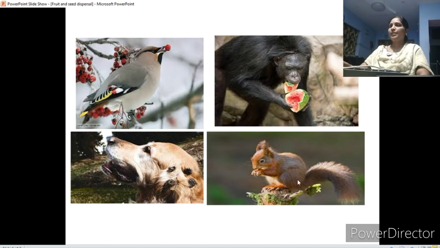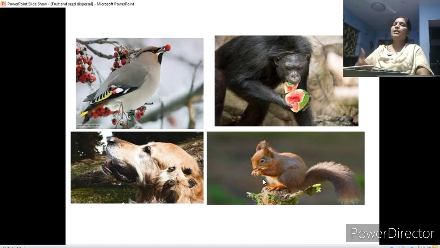And another animal, the little cute squirrel, collects different types of fruits and nuts, and it will dig a hole in the soil and hide them inside. Its intention is to use them later. So for future purposes, it will dig a hole and hide all the nuts and fruits inside. And then it cannot remember where it safely kept its food grains. It may not recognize or remember.